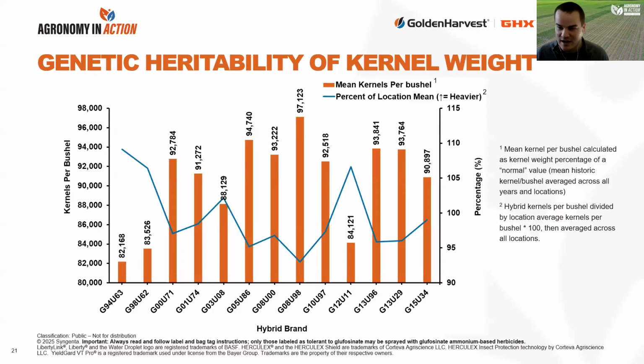Then I look at the blue bar and say, this hybrid in the field generally produces heavier kernels, so maybe I'll use 75,000 kernels per bushel. But if I'm in a field with a hybrid that generally throws lighter kernels, maybe I'll adjust higher to 85 or 90,000 kernels per bushel. So that's one way we can utilize this kind of information that we're collecting.